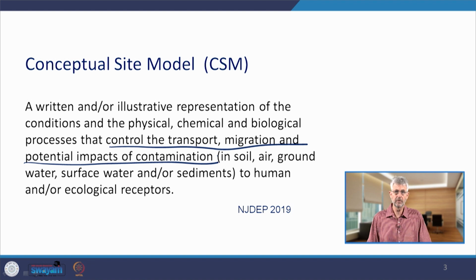And this is with respect to human health and ecological receptors. In other words, a conceptual site model informs parties like the government, the customers, or the consultants about how contaminants behave in the environment at the polluted site and what are the conditions under which they transport in soil, groundwater, surface water, or air.